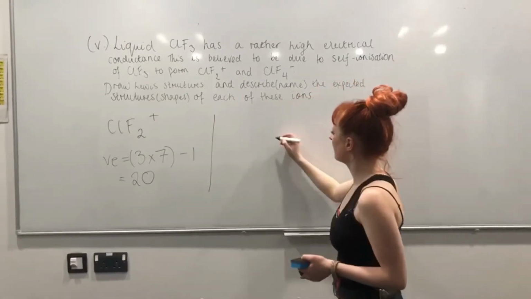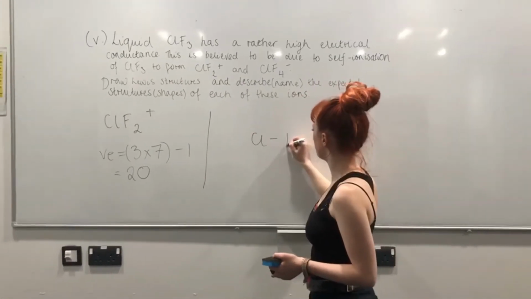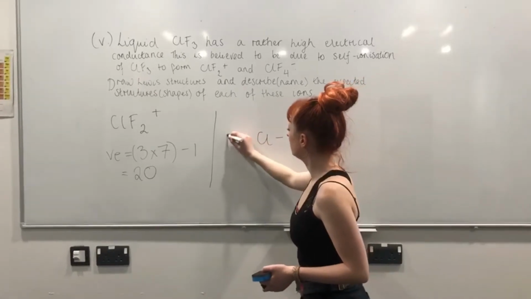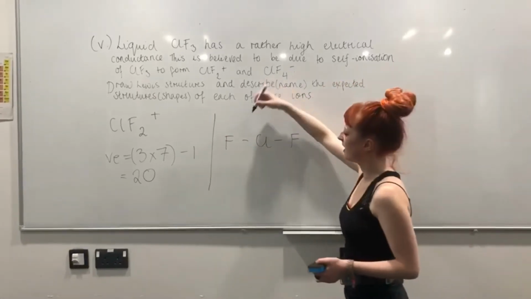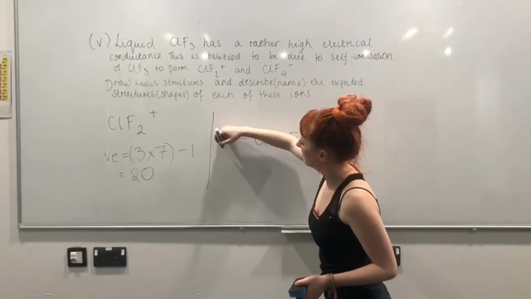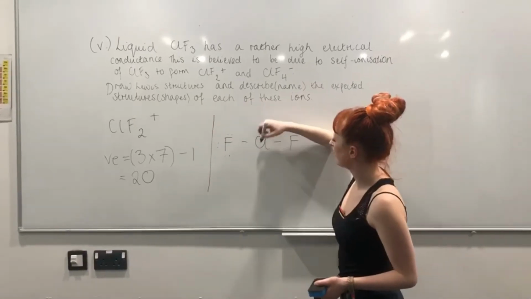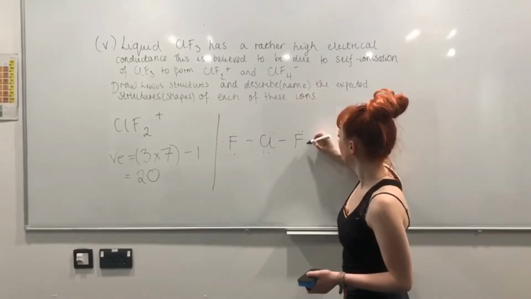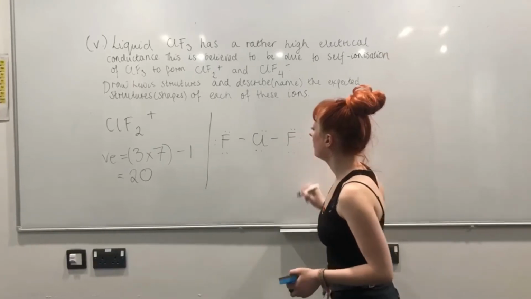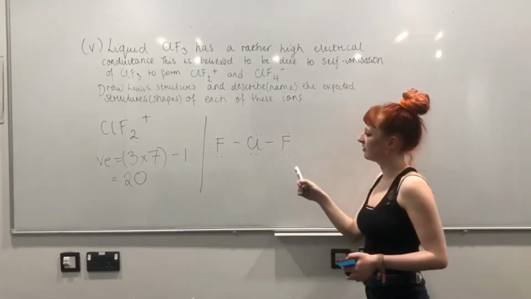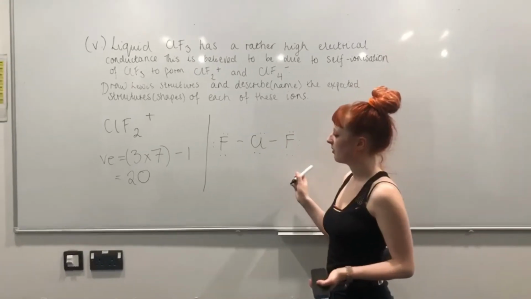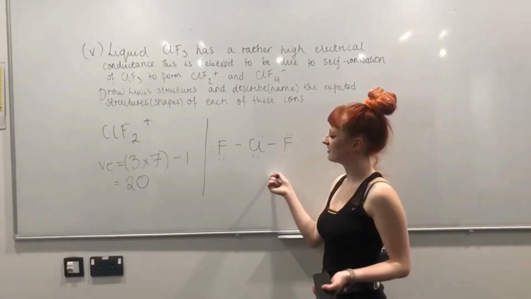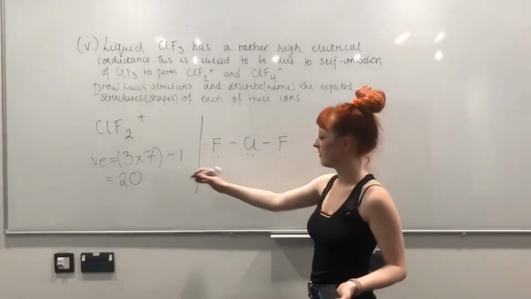And then arrange your atoms so that the Cl is in the middle. Make each atom happy by adding in the electrons to fill the octet. And then check to see if you need to change anything and to see if the valence electrons match up with the correct amount.